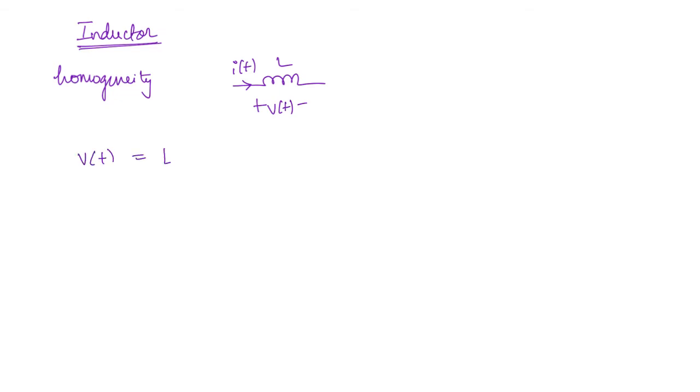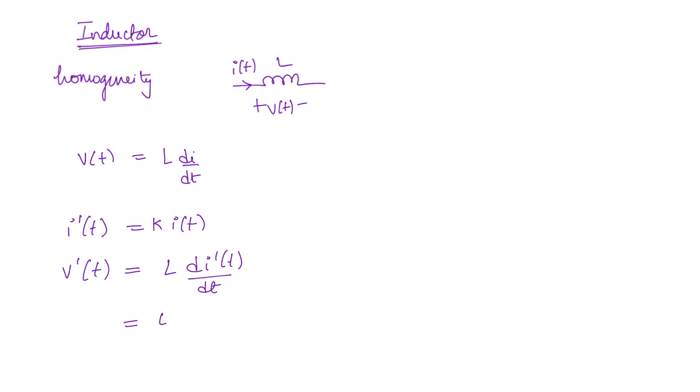This will be equal to L di by dt. Now we have a new current I dash of t which is equal to k times the old current. Then the new voltage V dash of t will be equal to L into the differentiation of the new current.